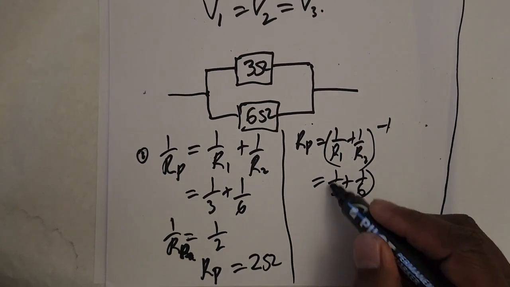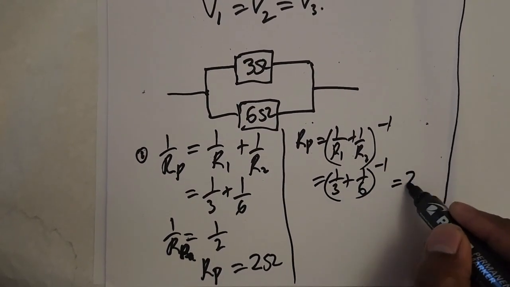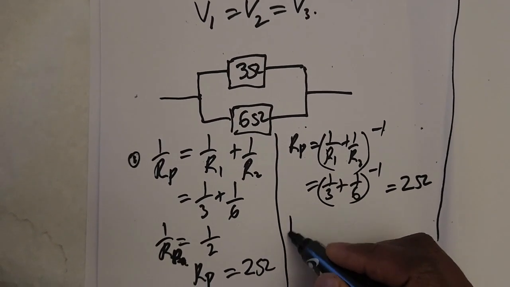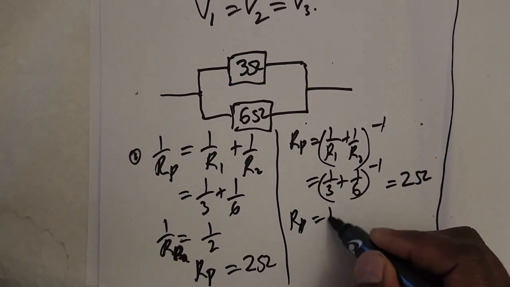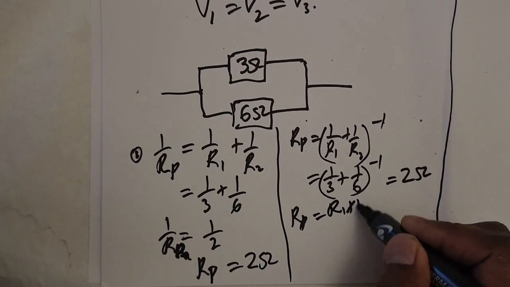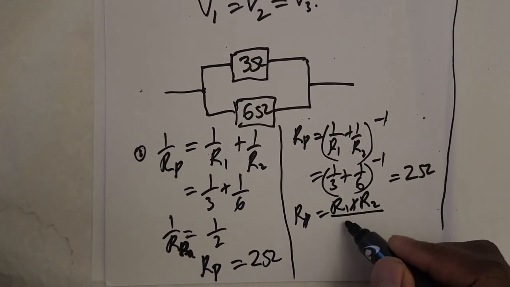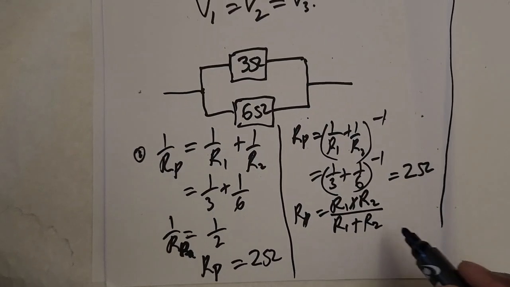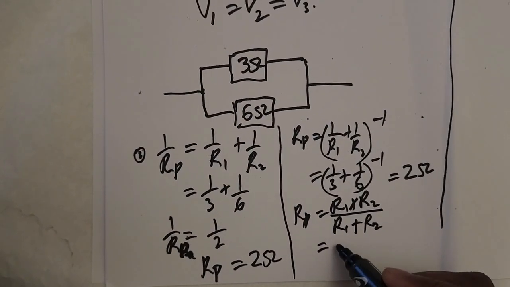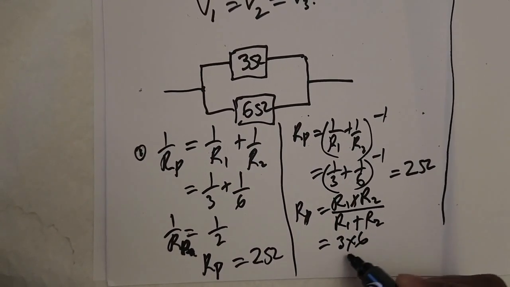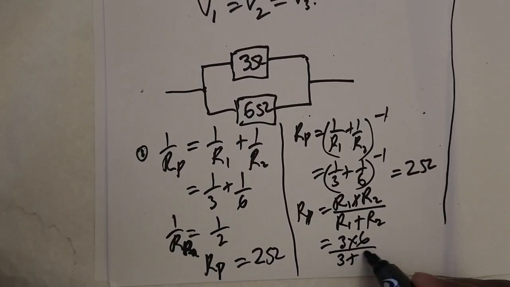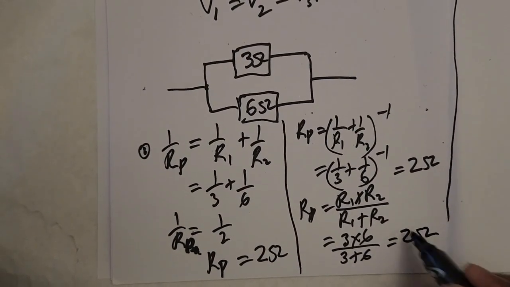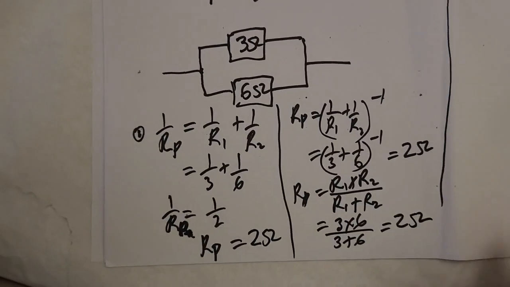Therefore, if you press your calculator, it will give you just 2 ohm. As simple. The last one will be Rp equals R1 multiplied by R2 over the sum. So you've got many options. You don't have a reason to fail this type of question. So in this case, product will be 3 multiplied by 6 divided by 3 plus 6. 18 divided by 9 will give you 2 ohm. So that's how you can get the 2 ohm.